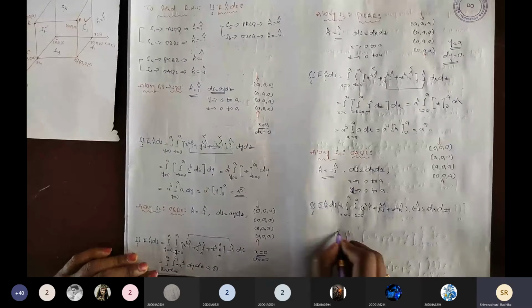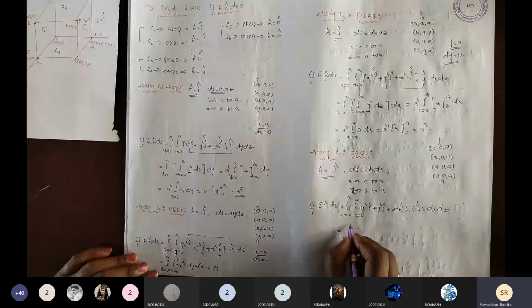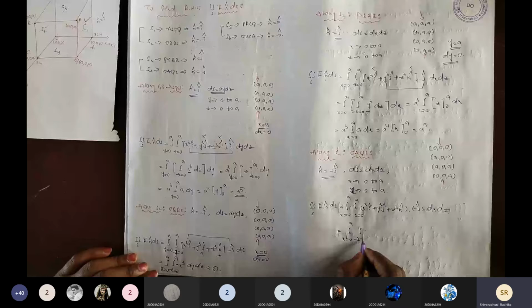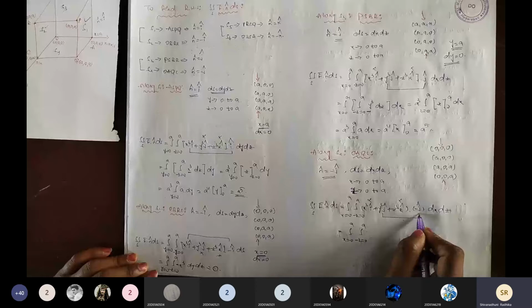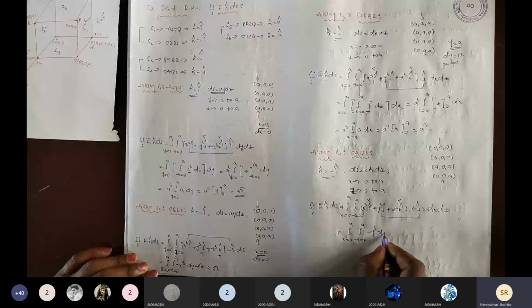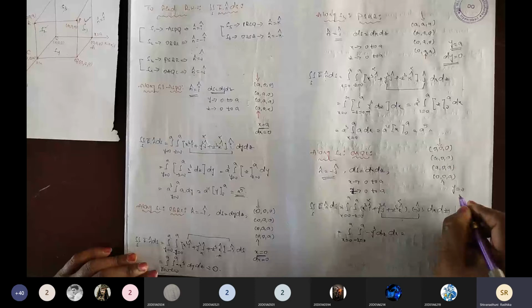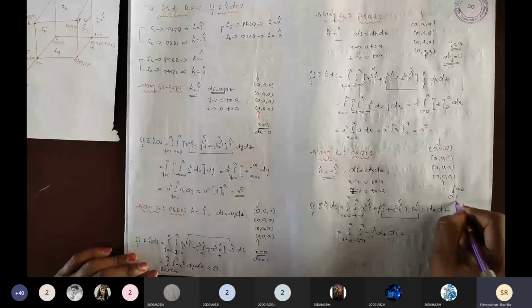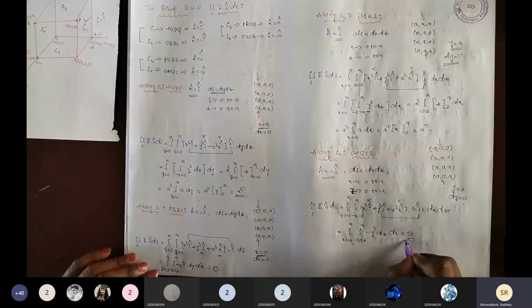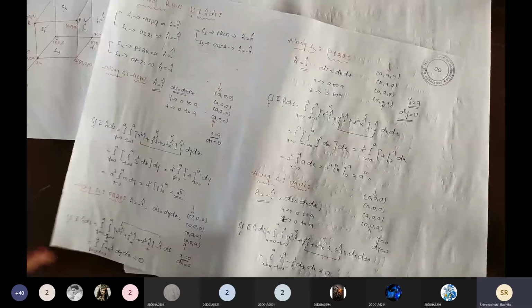So that equals integration x from 0 to a and z from 0 to a; i cap and k cap terms will be 0. j cap dot j cap is 1. y cube into minus 1, minus y cube dz dx. But already we know that y is 0, and differentiating on both sides, dy is 0. Y is 0 means completely this is 0. Along the surface S4, the value is 0.